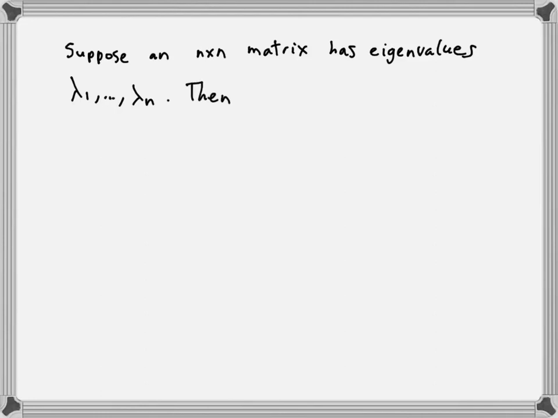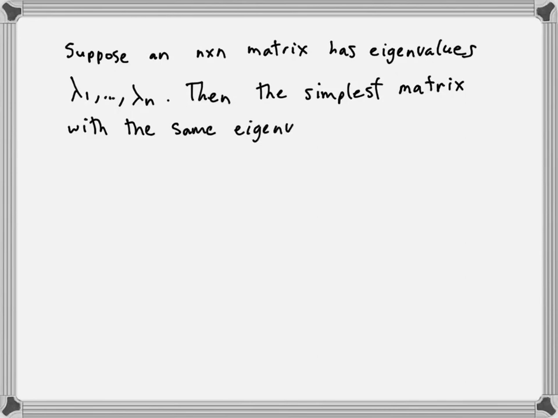Then the simplest matrix with the same eigenvalues is what? Is the diagonal matrix. What do you do with the diagonal matrix?